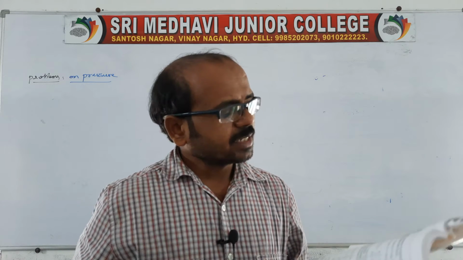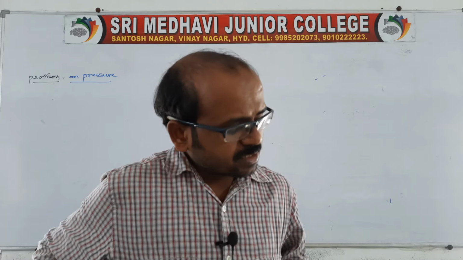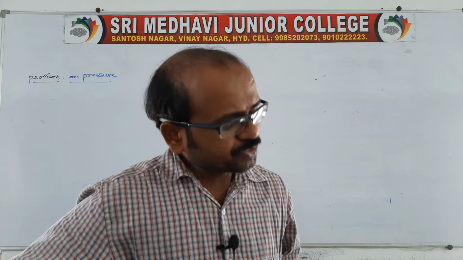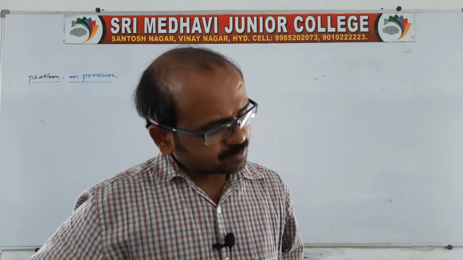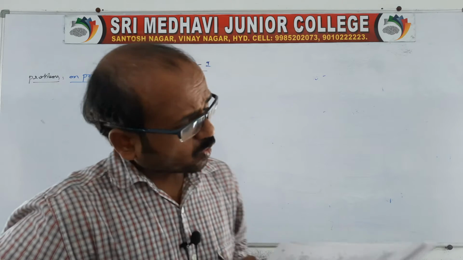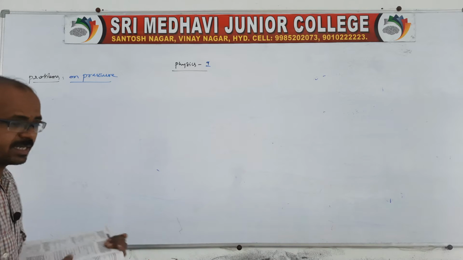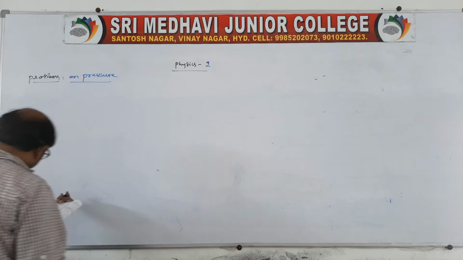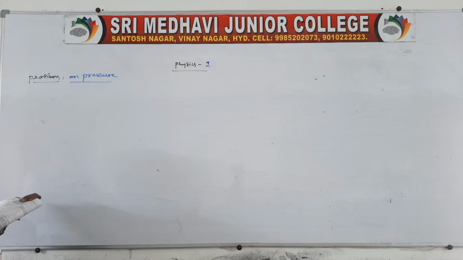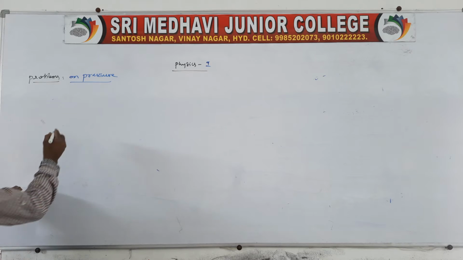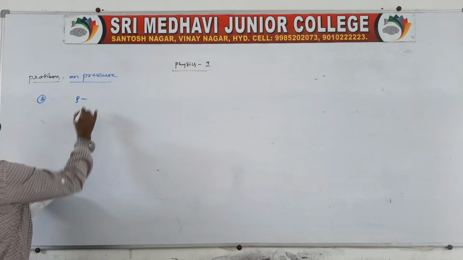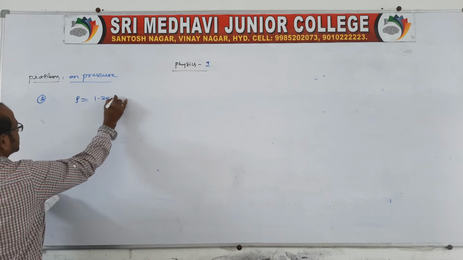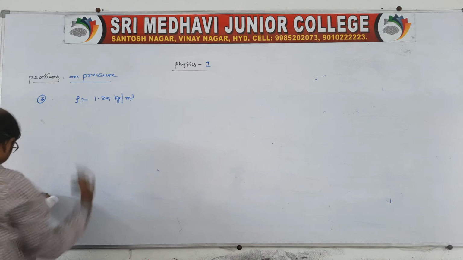Assume that it does not change with altitude. How high would the atmosphere extend? According to the given data, we need to find the height. The density is 1.29 kg per meter cube.